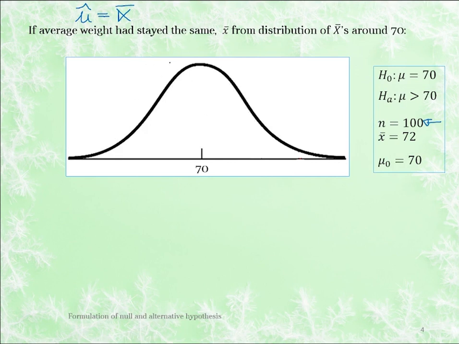Now, if our average weight has stayed the same, then these x bar values should be distributed symmetrically around 70. So that is what we have here. So we expect our x bar values to be close to 70 if the population mean, or the average weight of the males currently, is still 70.